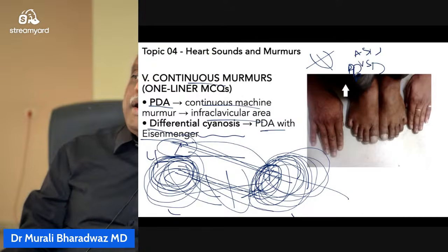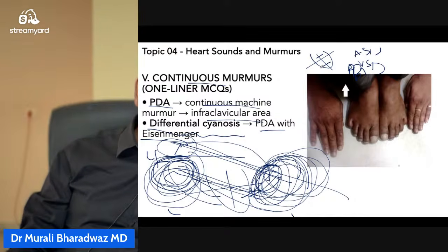In all these three, what is happening? In ASD, left atrium blood is going into right atrium. Good mixing with the bad is okay. VSD, left ventricle into the right ventricle, good with the bad. PDA, aorta going into pulmonary artery, good with the bad.